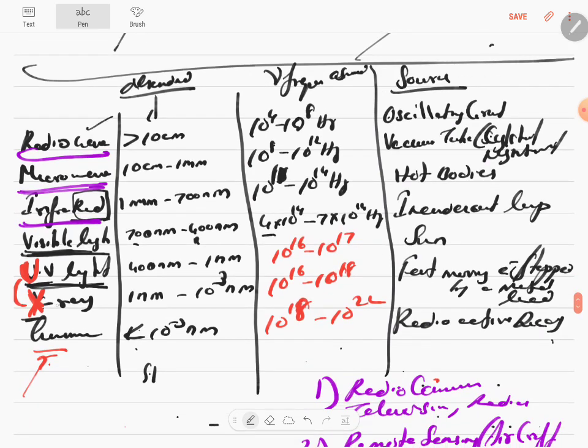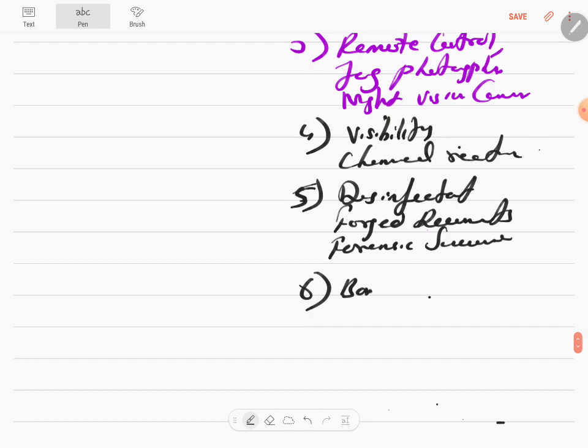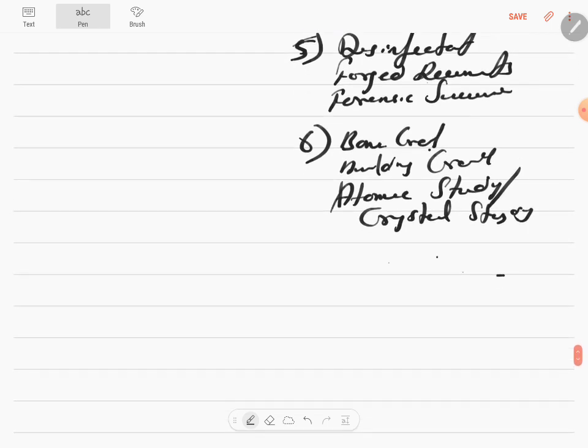Sixth one is X-ray. X-rays are used for bone cracks, building cracks. Apart from that, you should know that for atomic study or crystal study, X-ray is what is useful. In the class, I would have mistakenly said UV radiation.